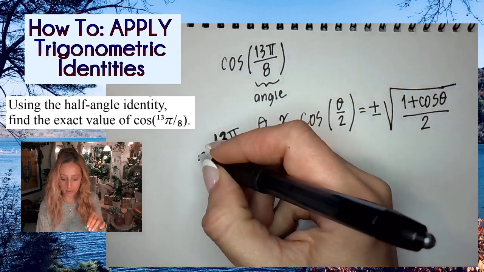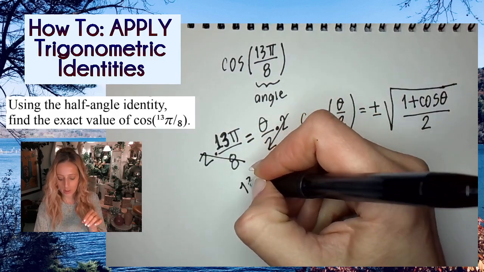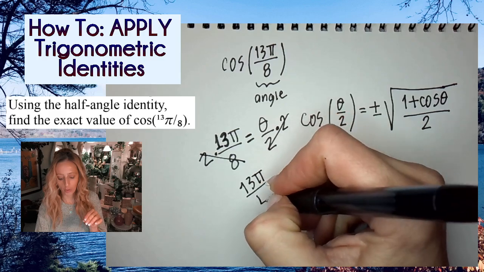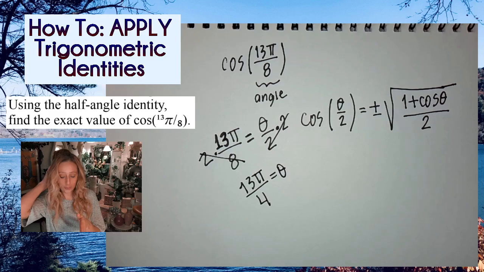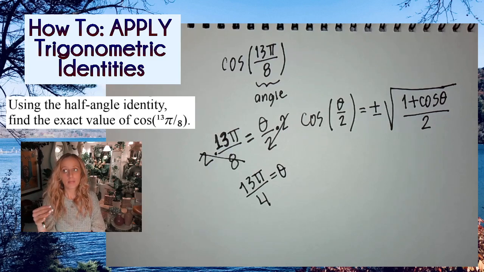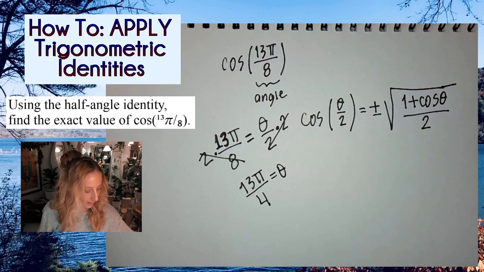You should reduce as you go. This is 13 pi over 4. That's theta. The denominator is now 4, which means I can find the cosine of 13 pi over 4 using my knowledge of the unit circle. That's theta.